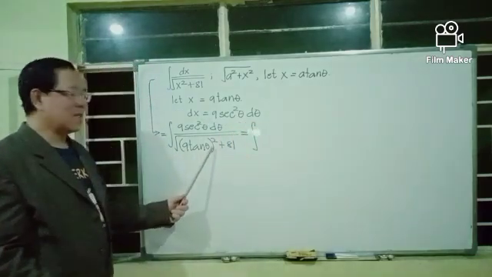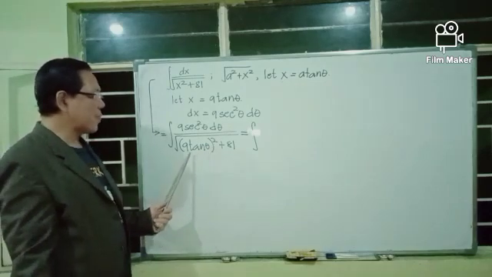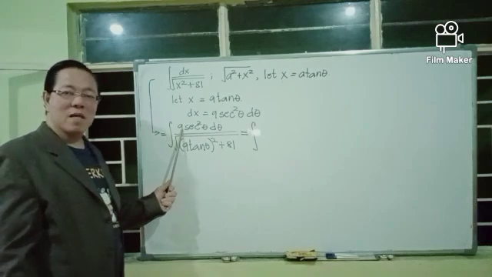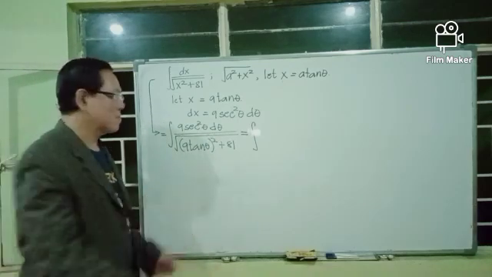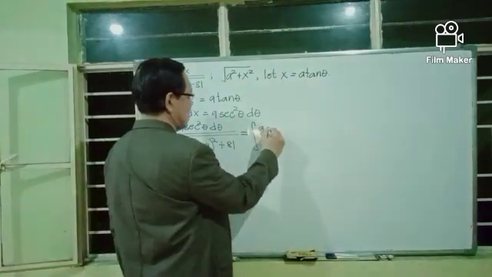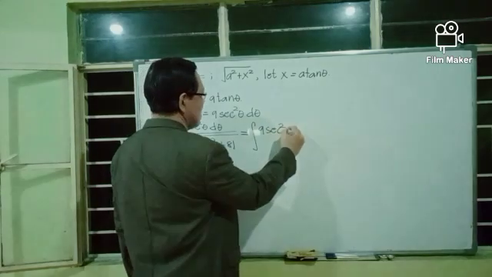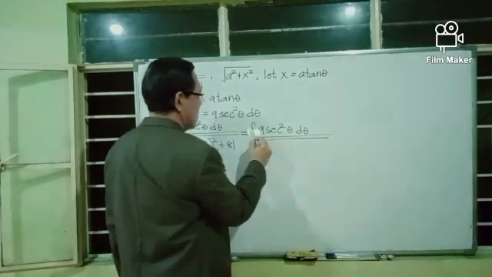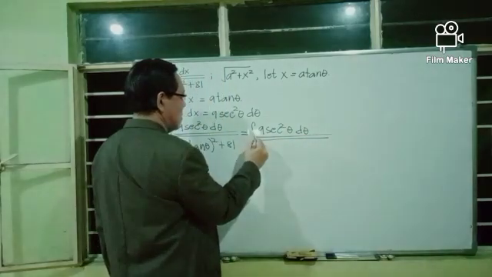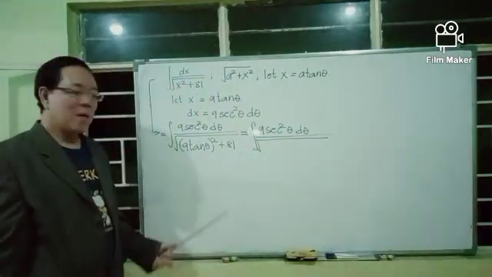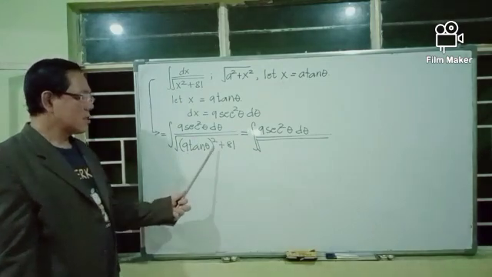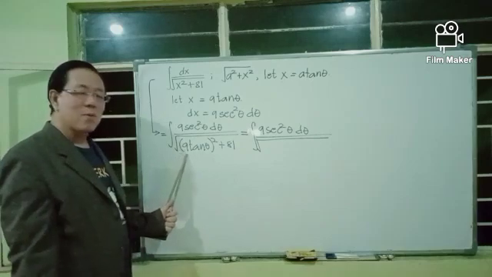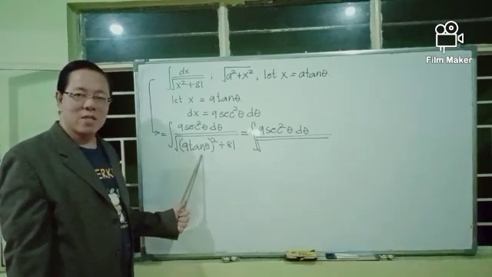And we simplify the denominator. We take the square of 9 tangent theta. And this is now equal to the integral of 9 secant squared theta d theta, divided by the square root of the square of 9 tangent theta, which by property of exponent is equal to the square of 9 times the square of tangent theta.